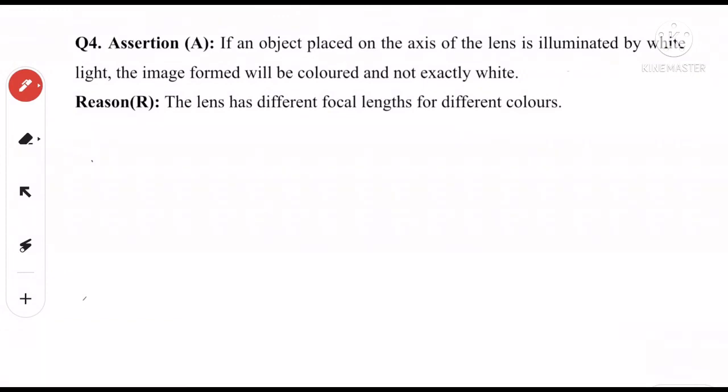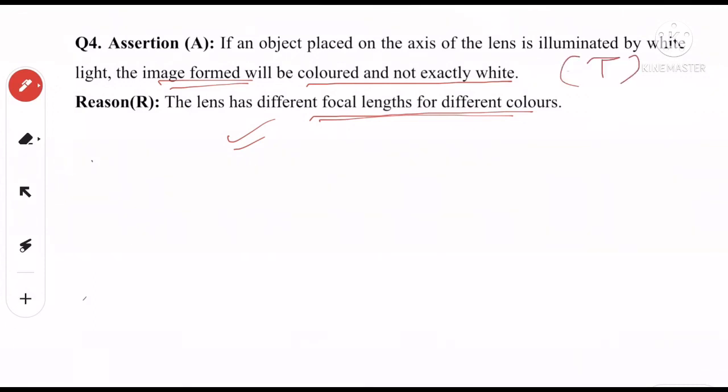If an object placed on the axis of the lens is illuminated by white light, the image formed will be colored and not exactly white. Reason: the lens has different focal lengths for different colors. As I have told you, for different colors, that is different wavelengths, the focal length is different. Therefore the image becomes colored due to deviation, not exactly white.